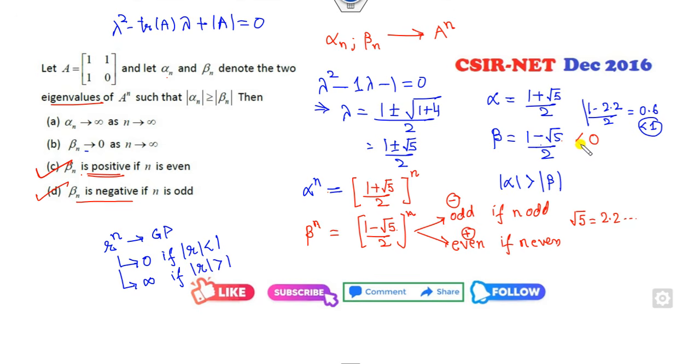Clearly beta will be less than 0, or it's 0.6. If you take the modulus, it's less than 1. Yes, it goes to 0. What is alpha? It is 1 plus 2.2 divided by 2, which is 3.2, is 1.6, that's greater than 1. Once it's greater than 1, it will go to infinity. Yes, all these 4 options are my correct answer.